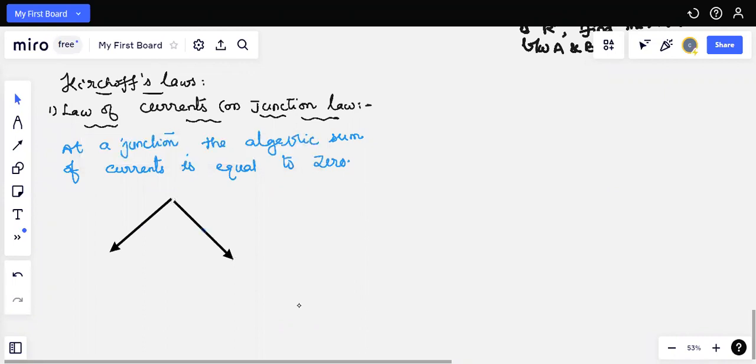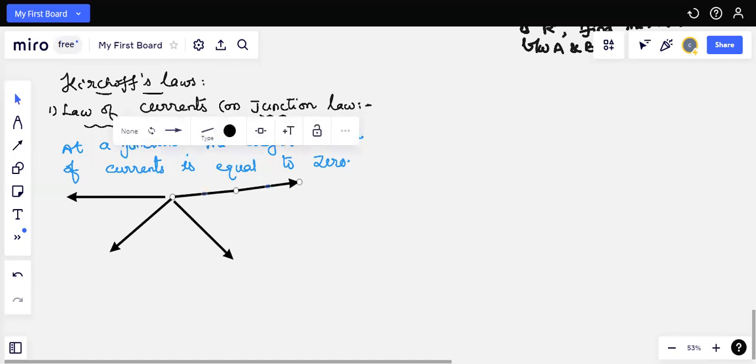And this is a third line taken here at a junction. And this is a fourth line taken here.